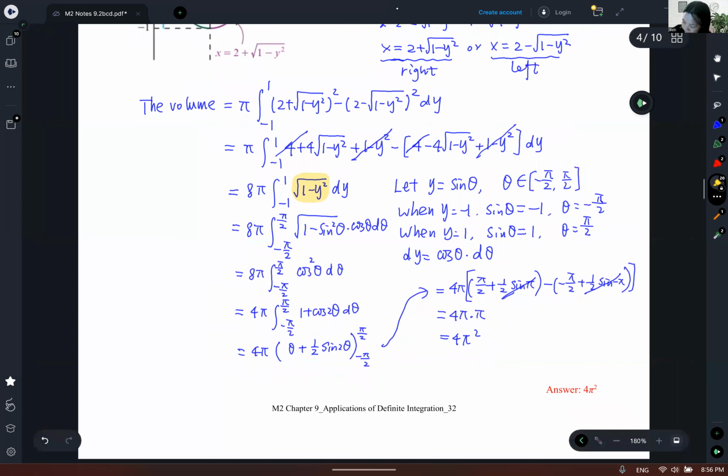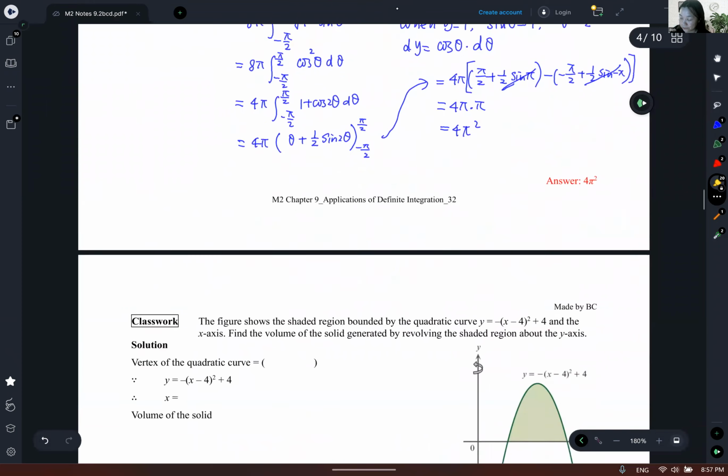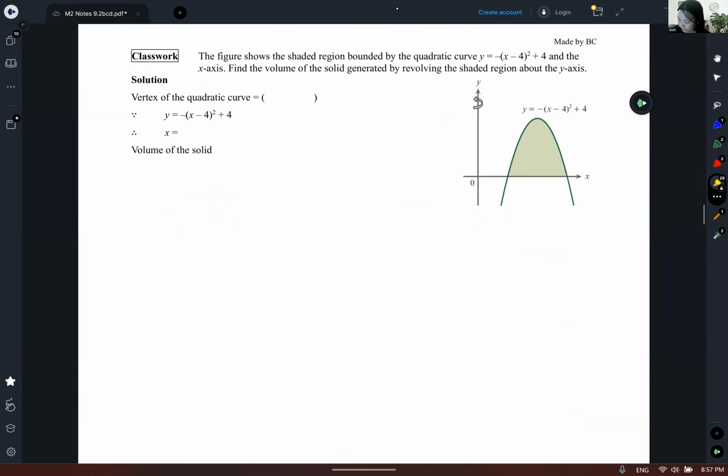Last work. The figure shows the shaded region bounded by the quadratic curve and the x-axis. Find the volume generated by revolving the shaded region about the y-axis.